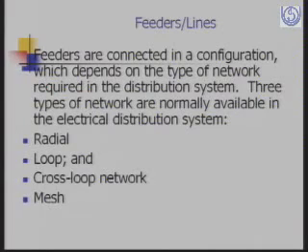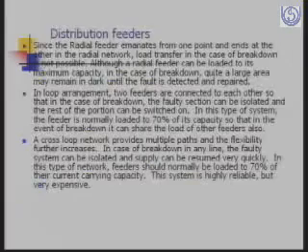We usually have a radial system in the 33 by 11 kV and the LT systems, because when you provide a loop, the system is much more costly, and we do not go in for mesh. Only where reliability is required, we use a mesh system or a ring main unit.